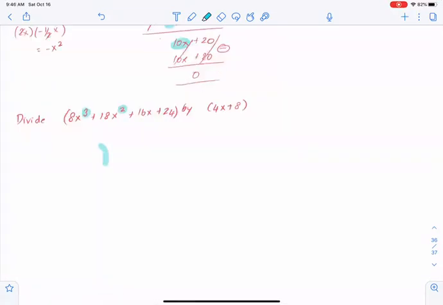Okay. Oops. 8x cubed plus 18x squared plus 16x plus 24. We divide by 4x plus 8. I've got to multiply 4x by some number or expression here so that I get 8x cubed.